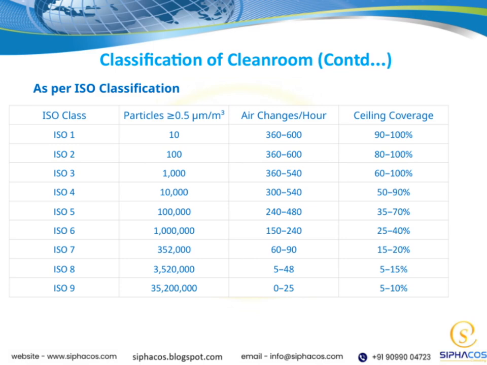For ISO 1, nearly 100% coverage is required, whereas for lower classes, the coverage can be less. Overall, these parameters, particle count, air changes, and ceiling coverage, are key to designing cleanrooms that meet specific environmental standards. They help us control contamination levels effectively, depending on the class of cleanliness we need to achieve.